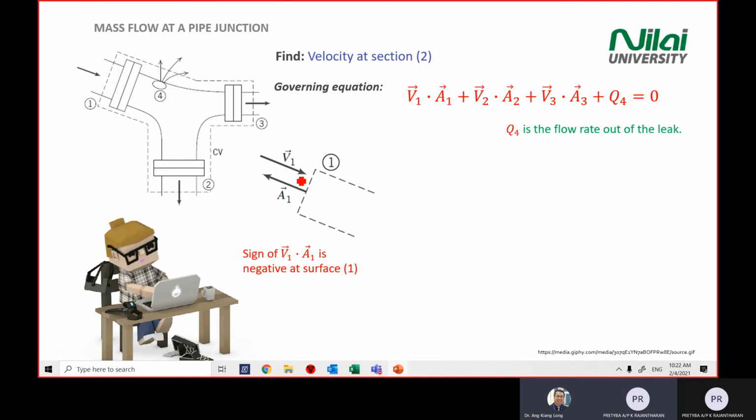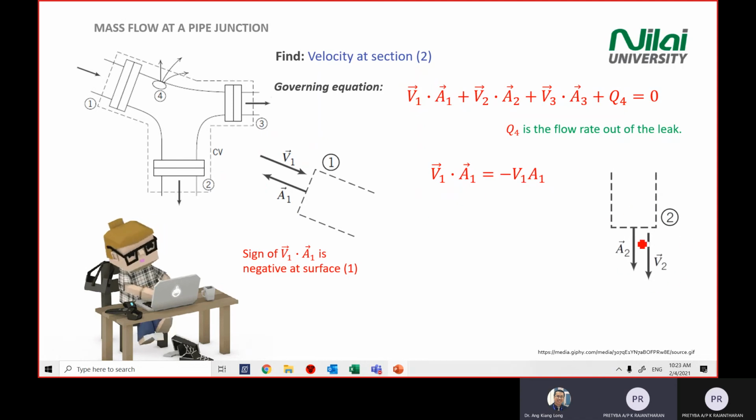So if these two are not in the same direction, you will get a negative dot product result. If these two vectors have different directions, then you get a negative result. So for the first one, vector V1 times the area vector 1, you will get negative velocity 1 times the area 1. This is the concept when you use it on the control surfaces.